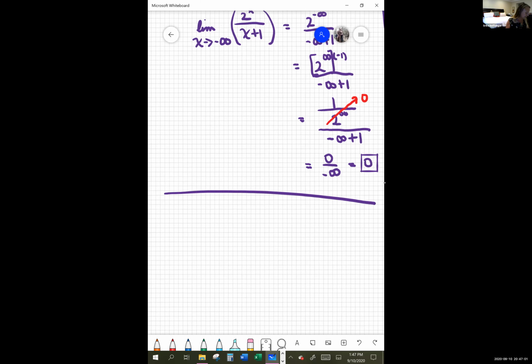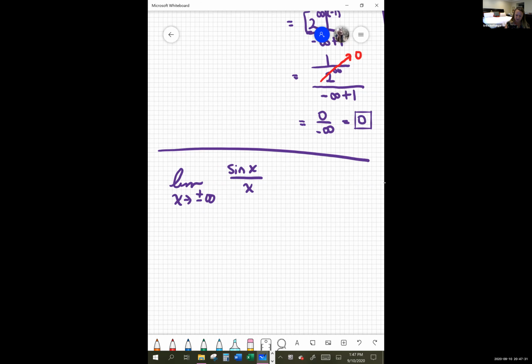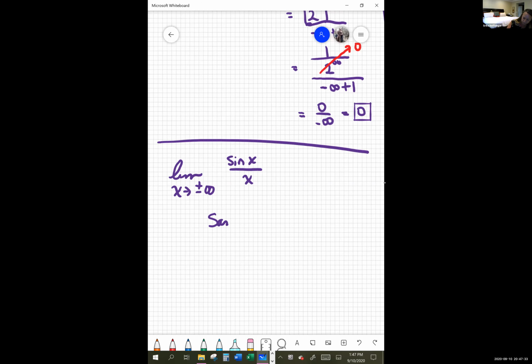If we have the limit as x goes to plus or minus infinity, and just for time's sake I'm putting them both in there, of sine x over x, then using the sandwich theorem, we can show that this is equal to 0. So let's look at this.